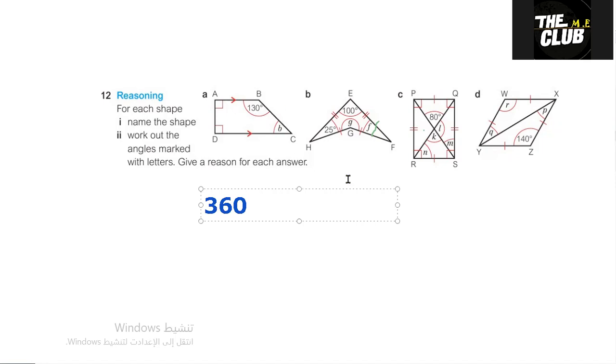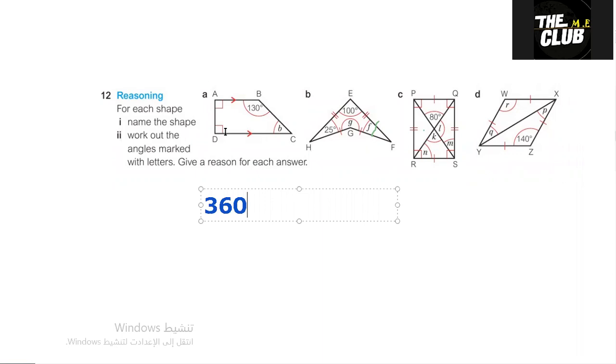We're going to add up all of these angles and subtract it from 360. So we're going to add 90 plus 90, and then plus 130, and we will get 310. And then subtract it from 360, and the answer will be 50.